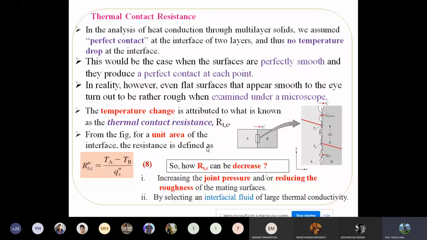This happens when the surfaces are not smooth and there is some temperature drop. That is known as thermal contact resistance. If there is a perfect thermal contact at the interface, there will be no temperature drop, so thermal contact resistance will be very minimal or negligible.